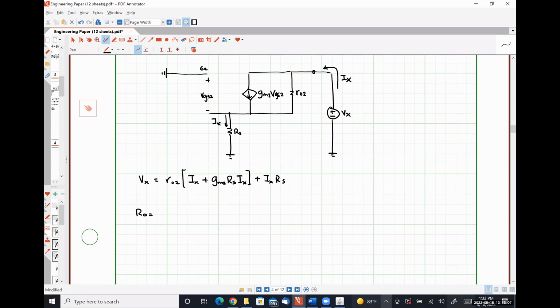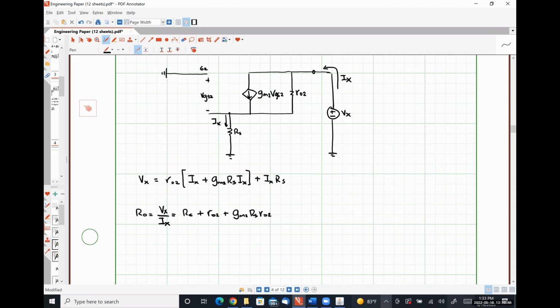My output resistance R0 is going to be Vx over Ix. So that's going to look like RS plus R02 plus GM2 RS R02, or exactly what I said earlier, our output resistance R02 degenerated by that resistance RS.